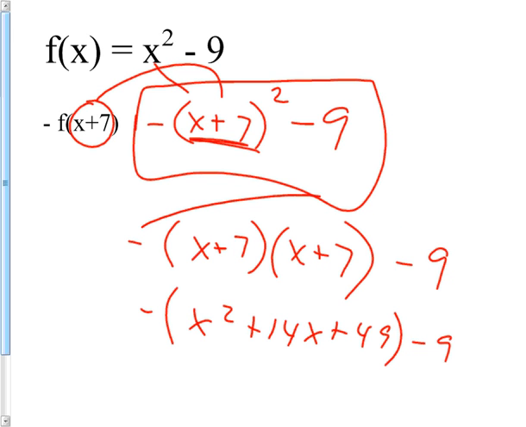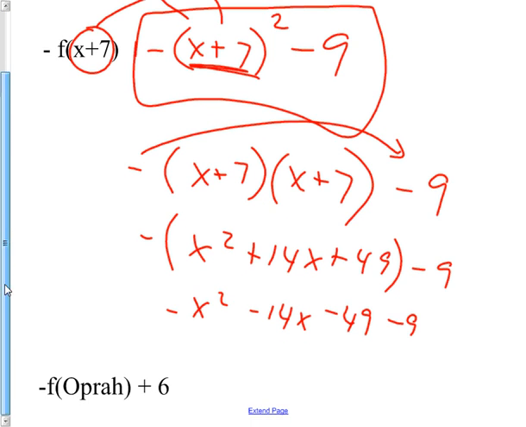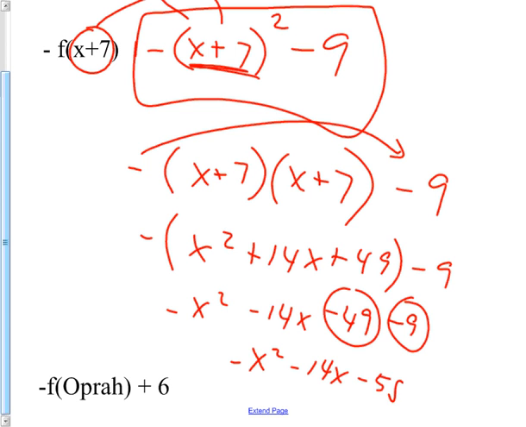This negative won't affect this -9. So then I've got to distribute that negative out. Negative x squared minus 14x minus 49 minus 9. You get what I did there? And then I'm going to put these guys together, and that'll make negative 58. So negative x squared minus 14x minus 58. You going to be able to handle that question on the test tomorrow?